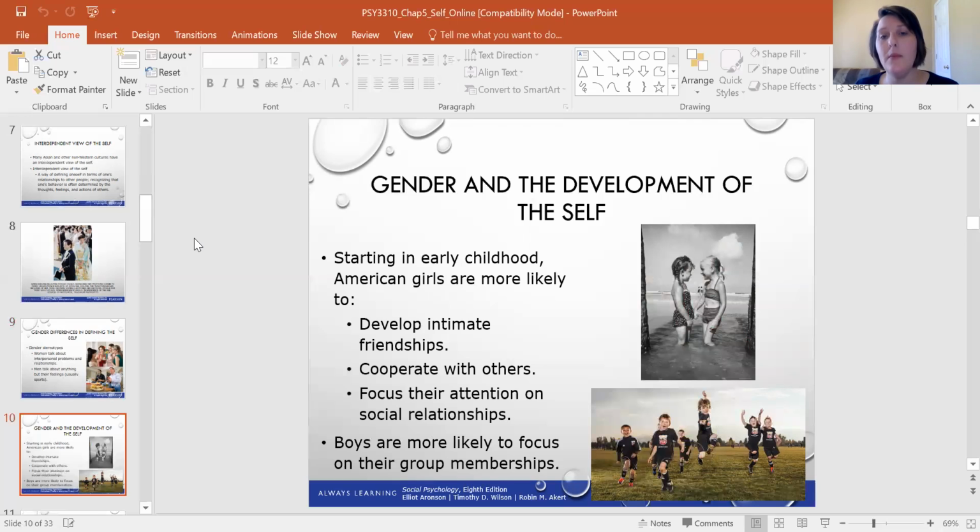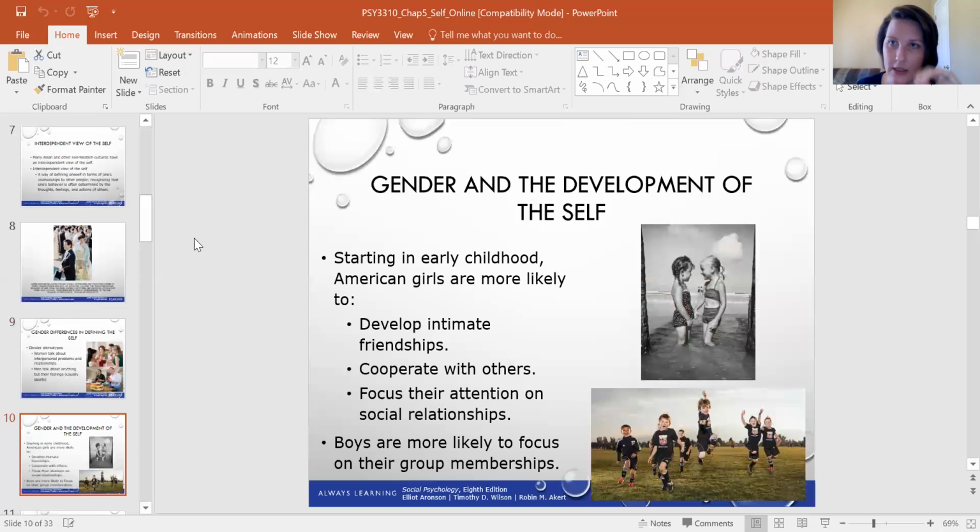We find that many American girls tend to develop very, very intimate relationships, mostly with other girls, very early on. They tend to be more cooperative and play better with other children, other girls. They tend to focus more on social relationships versus things like sports and different kinds of play.